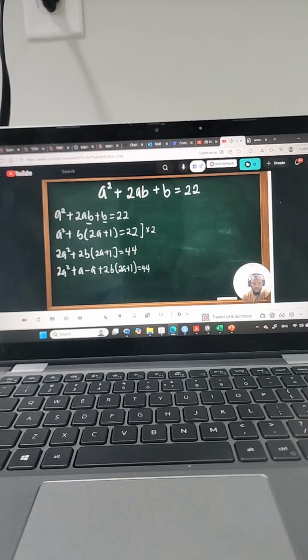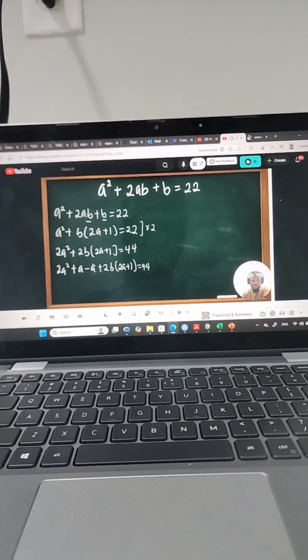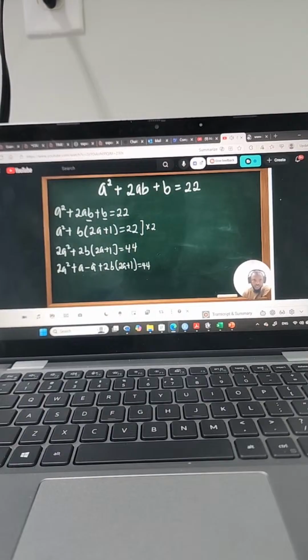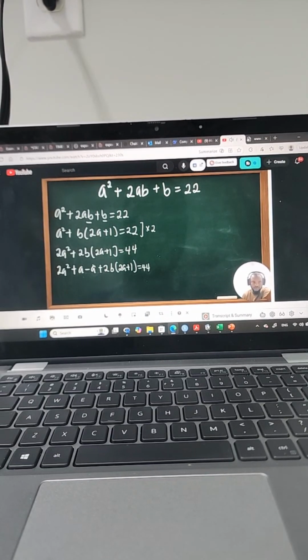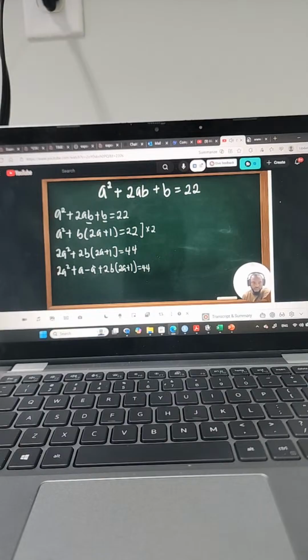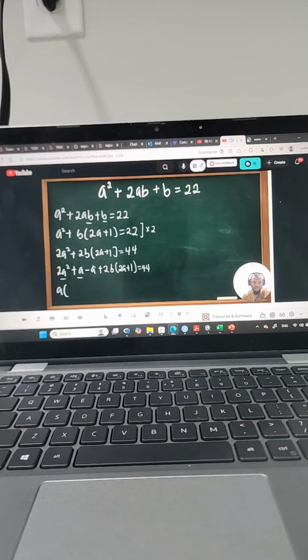If you look at these two, they can possibly cancel out, whereby you have the previous equation back. So I intentionally introduced those variables just to factorize out. Looking at these two terms here, you can factor out a, and in the parentheses, you're going to be left with 2a plus 1.